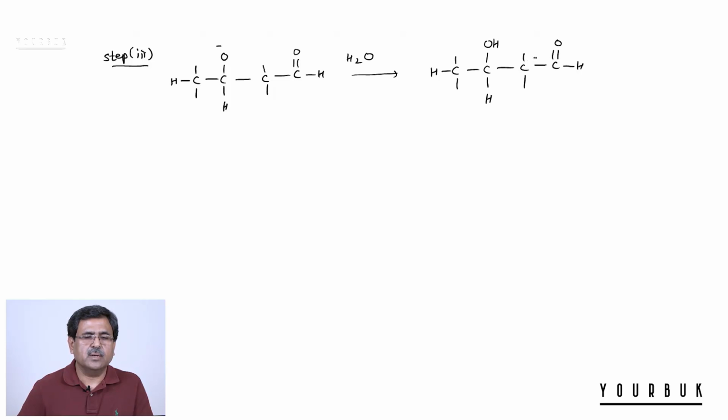And this is called beta hydroxy aldehyde. So this product is called aldol. So the reaction takes place in 3 steps.